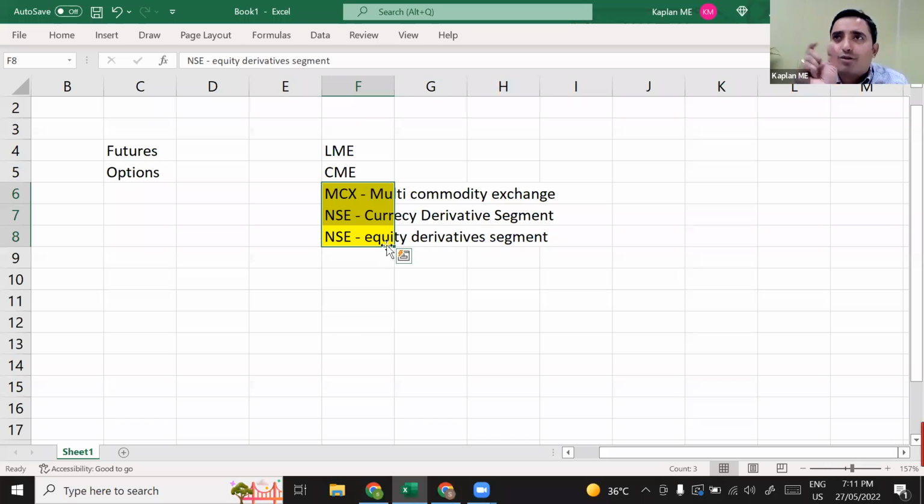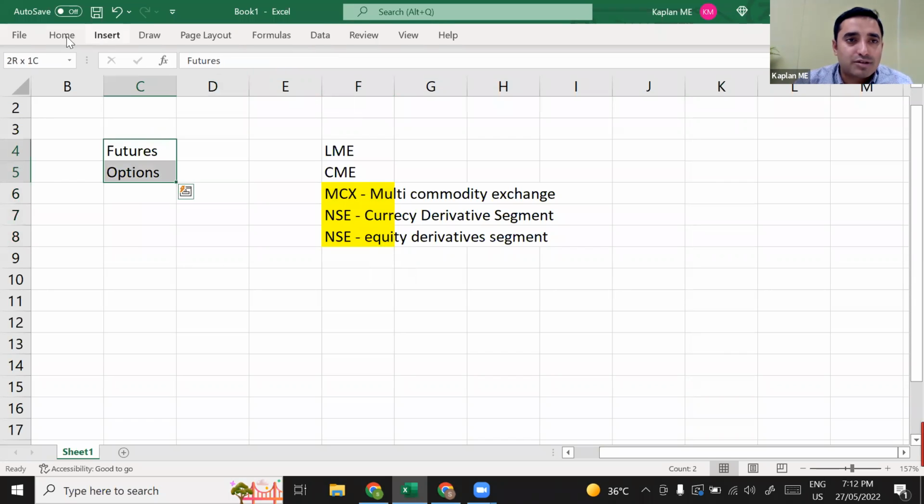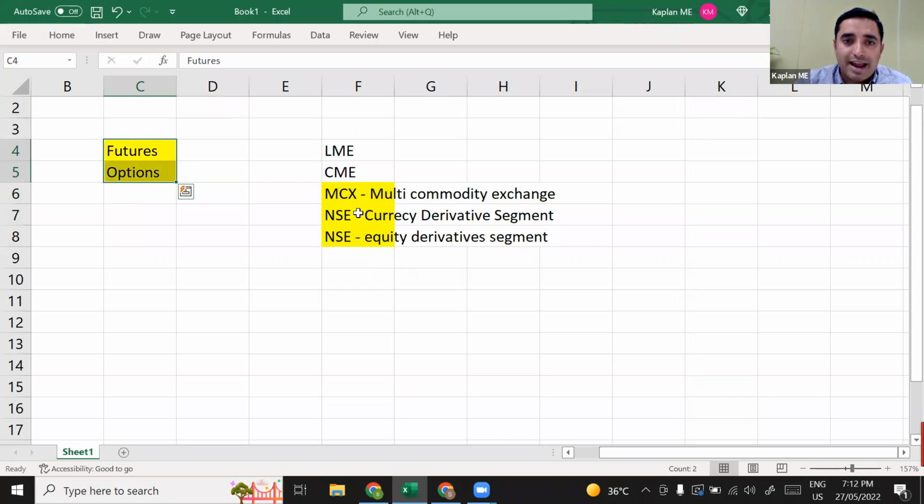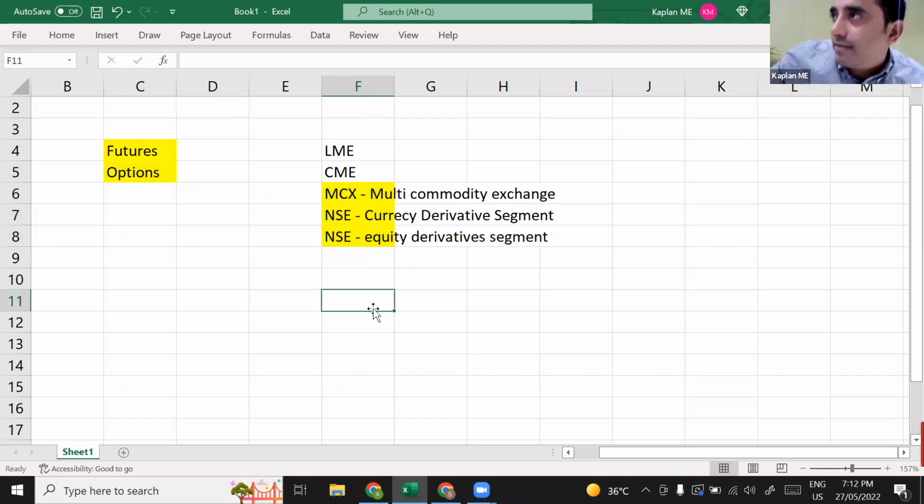The purpose is not speaking about a specific market. The interface might be slightly different, and the time of the trade might be slightly different, but the way the markets operate is very, very similar. Clear? So our focus is on futures and options, and within that, it is MCX, NSE currency derivatives, and the NSE equity derivatives section.